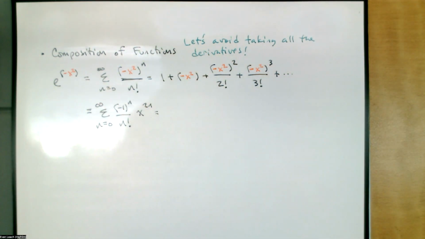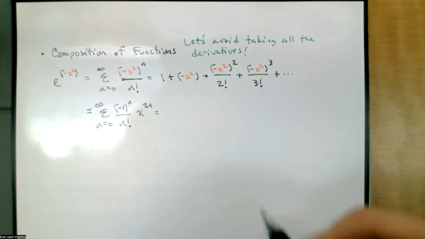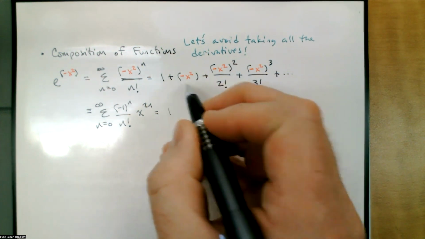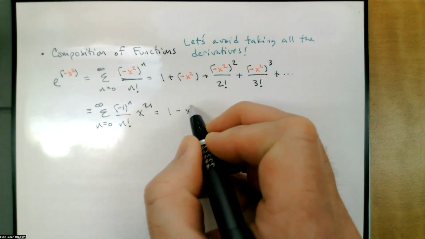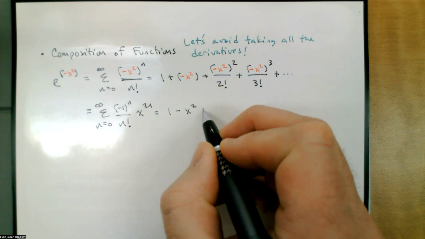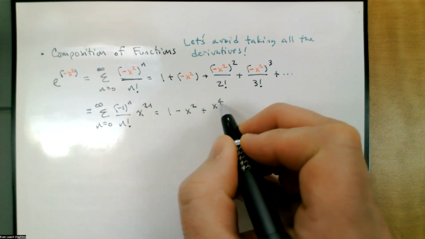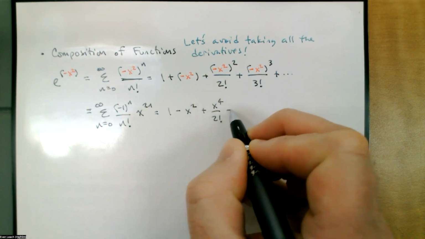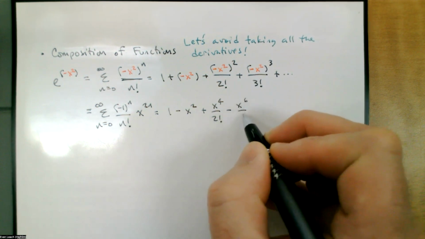So we're going to have even powers over the regular factorial, and we're going to get alternating. So we'll have 1 minus x squared plus x to the 4th over 2 factorial minus x to the 6th over 3 factorial.